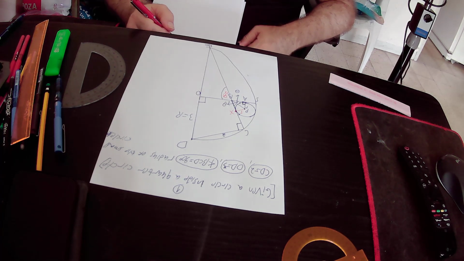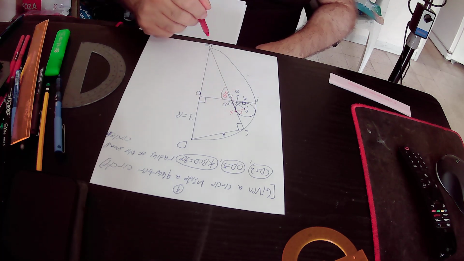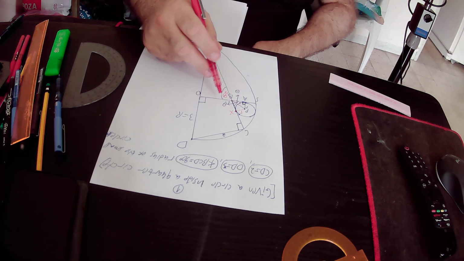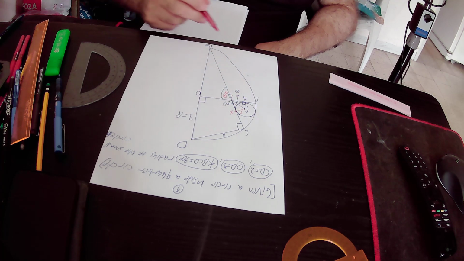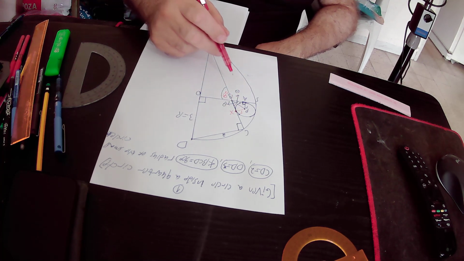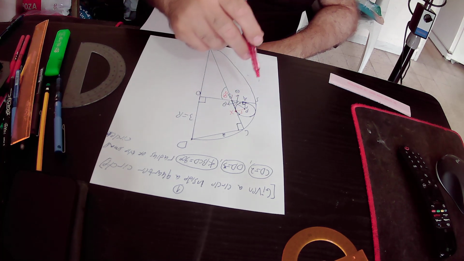And actually, angle ECD is a peripheral angle. Why? Because it is located inside the quarter circle.